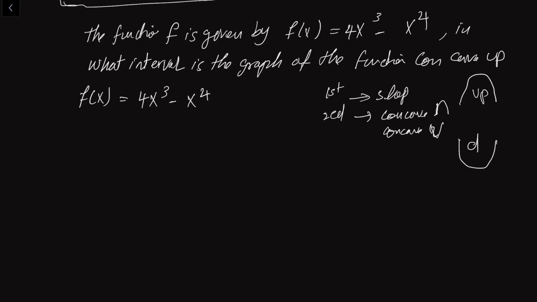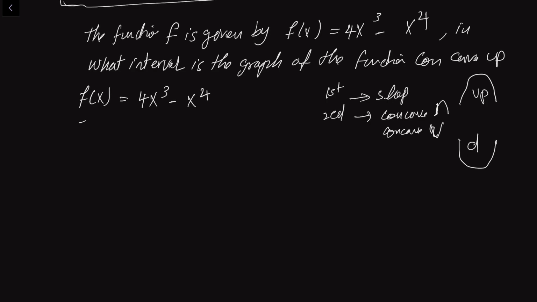If we substitute a value into the second derivative and it comes out negative, that's concave down. If it's positive, it's concave up. We'll see in the example here.